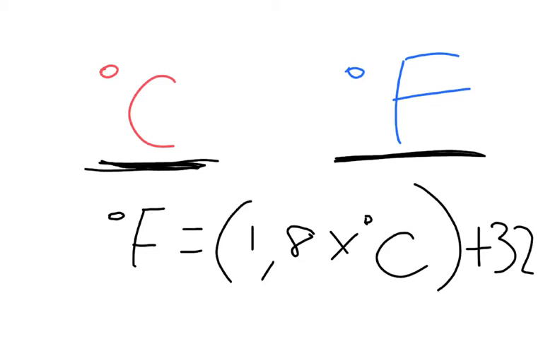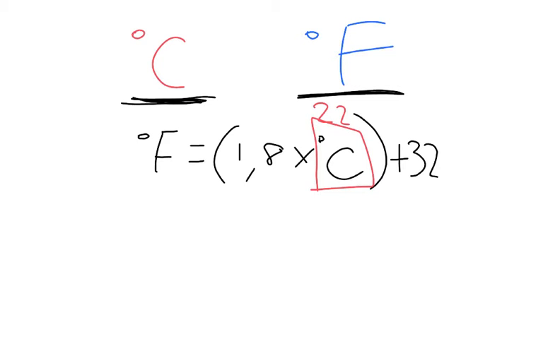If we know what the degree Celsius is, we put it in place of this degrees Celsius here. So if we knew that it was 22 degrees outside, instead of that C, we would put 22, and then work out the sum to see what the answer is in degrees Fahrenheit.